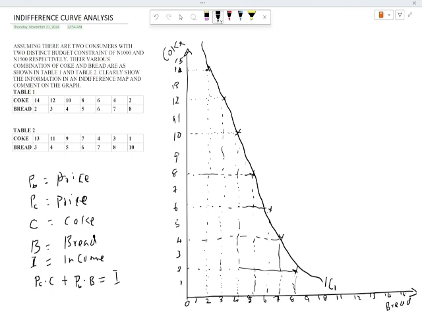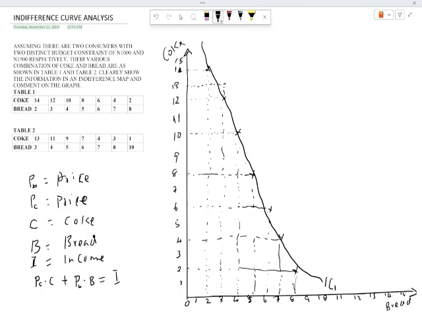So we can now try to plot the indifference curve for consumer 2. So we start from 13. At table 2, coke was 13, right? And bread was 3.